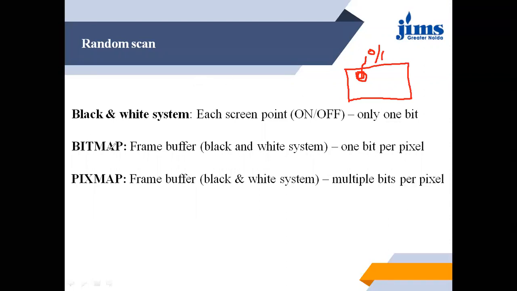So bitmap is the frame buffer. We discussed the frame buffer in the last slide: it is the collection of the set of intensities of different pixels. Bitmap has 1 bit per pixel, and pixmap is the frame buffer for multiple bits per pixel.